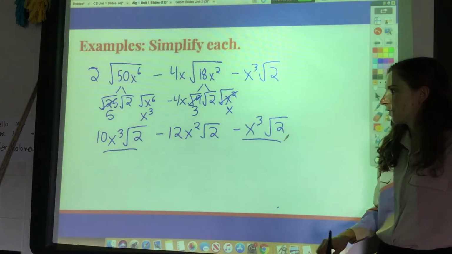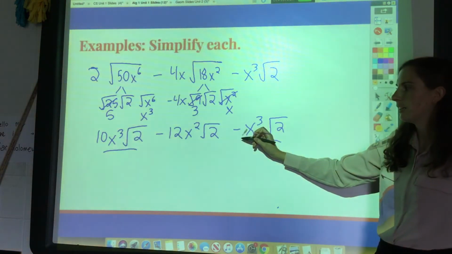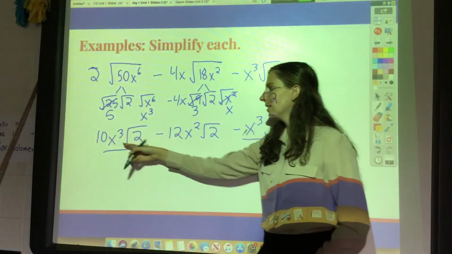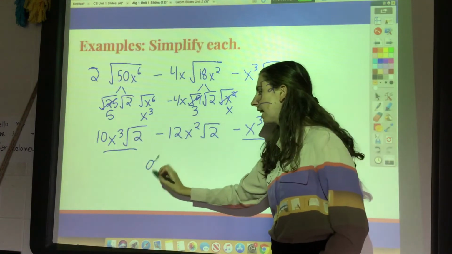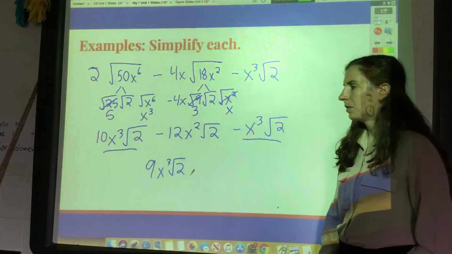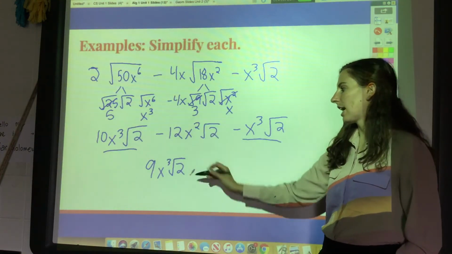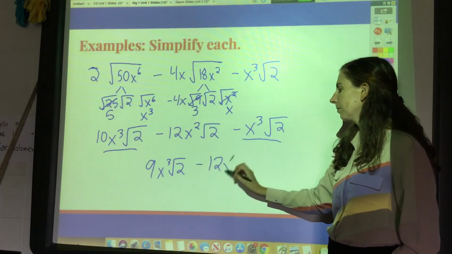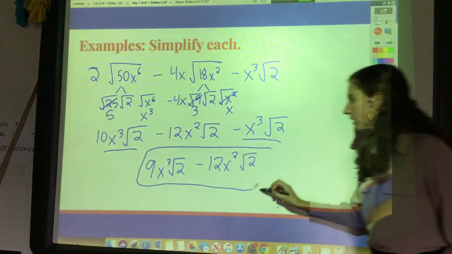All right. Technically, this is like negative 1. Keep that in mind. So if I have 10 of these and take away one of them, that leaves me with 9 x cubed root of 2's. Remember, the variable and radical doesn't change, and then this is just going to have to stay by itself. That's my final answer on that one.